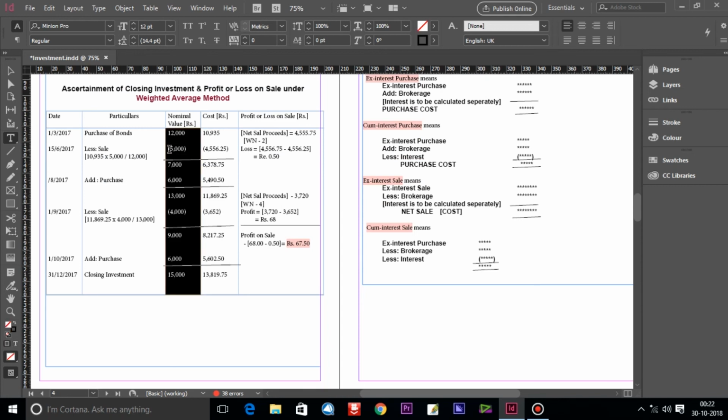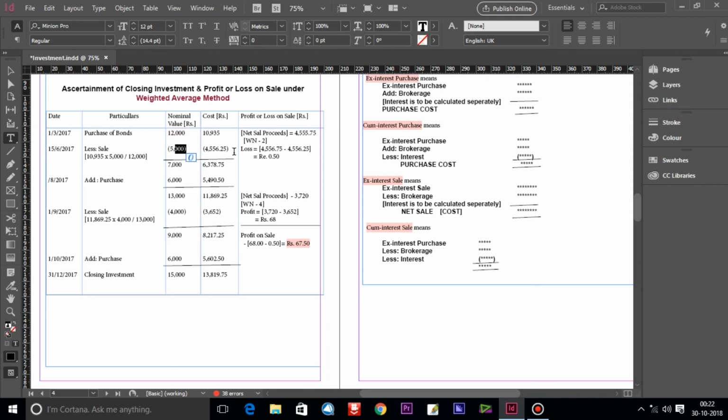How? Net sale proceeds was 455.75. How did I get it? That amount was given and I got that amount, and there 455 this amount. Therefore, that amount was given, but we got that amount.